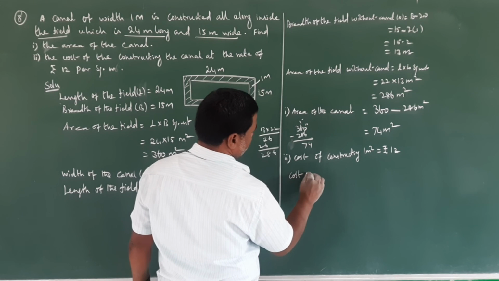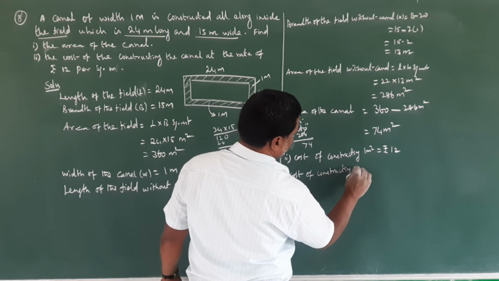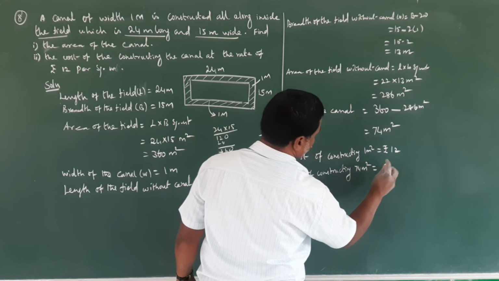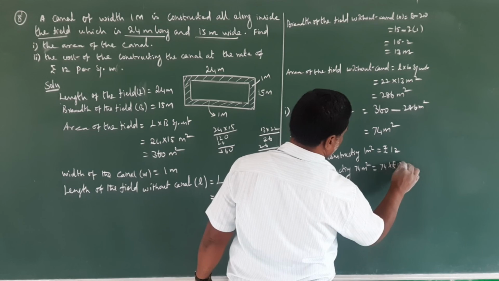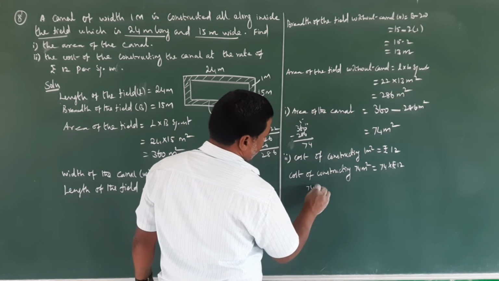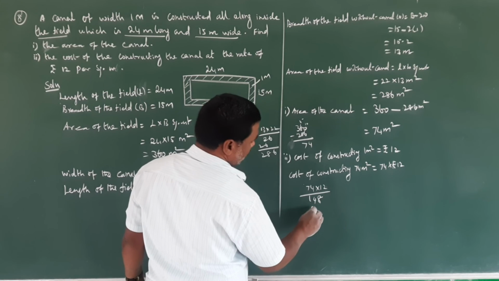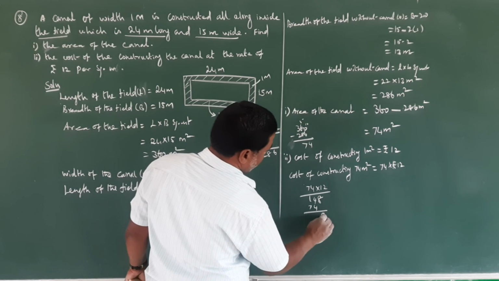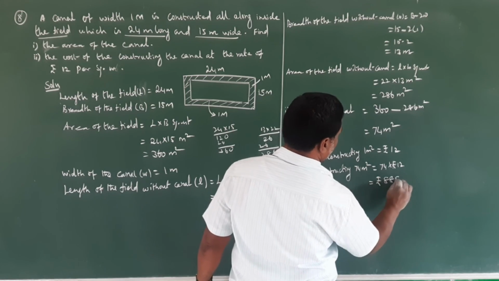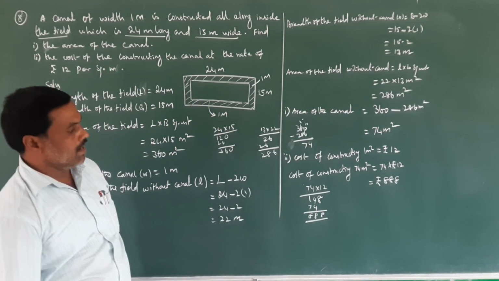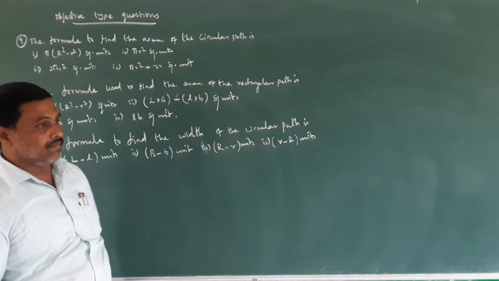Cost of constructing 74 meter square equal to 74 into rupees 12. You multiply 74 into 12, which gives 888 rupees.